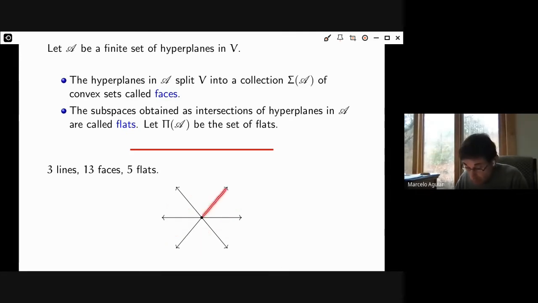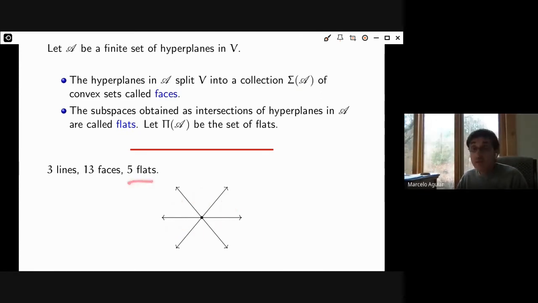The rays are also faces, so these are lower dimensional cones. These 6 rays are also elements of my set sigma, and the origin itself, where all the hyperplanes intersect, is also a face. That's why there are 13. The top dimensional faces are called chambers: the 6 chambers, the 6 rays, and the origin.